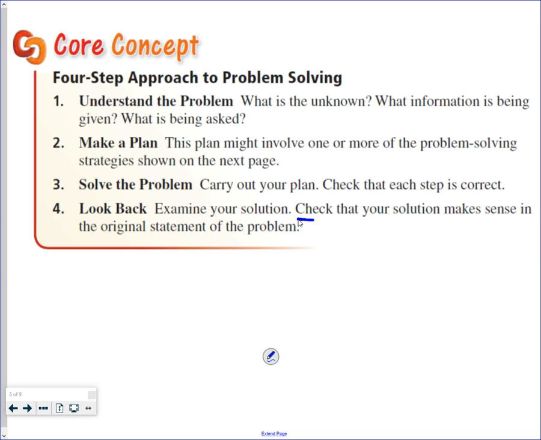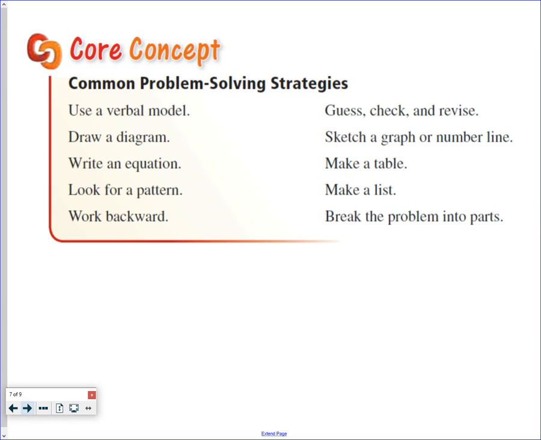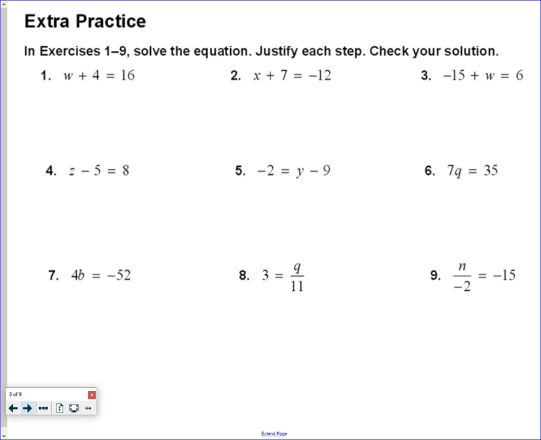This is the key to algebra. Check to make sure your answers are reasonable. Just different ways, if it's verbal versus a diagram versus making an equation, just different ways you could possibly problem solve.